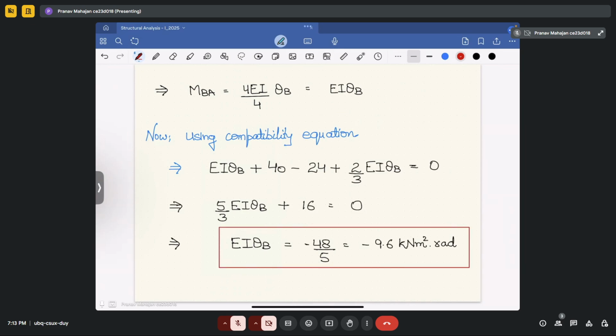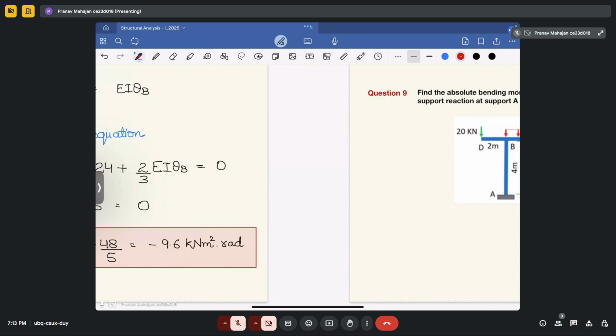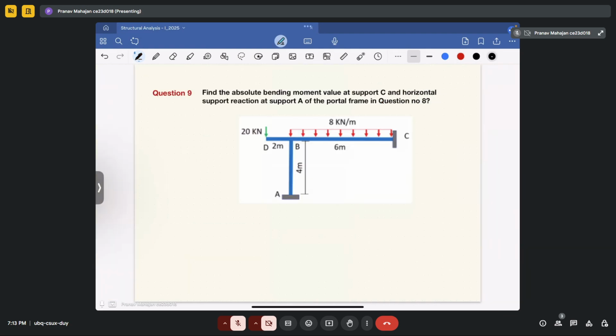Now your next question is, find the absolute value of bending moment at support C and horizontal support reaction at A of the portal frame given in question number 8. So we need the horizontal support reaction as well as the bending moment at support C. So first determine all the values of the bending moments which are absolute in this case.